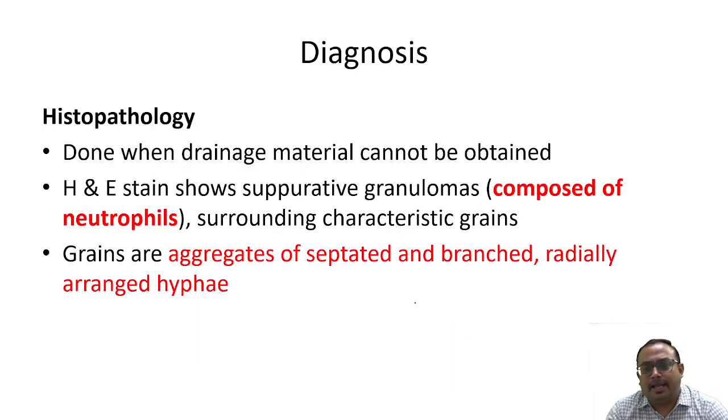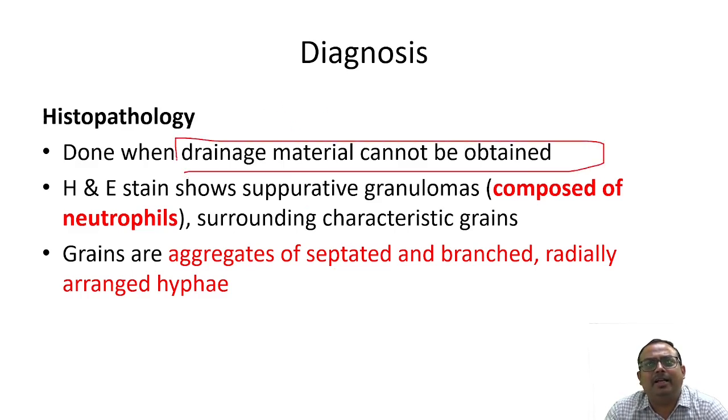Apart from these two modalities, histopathology can be done, when the draining material cannot be obtained. At that time a punch biopsy is required, and you do an HNE, that is hematoxylin eosin stain, of the prepared slide of the biopsy.